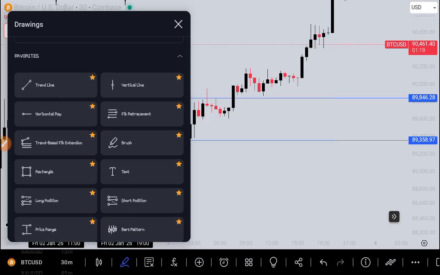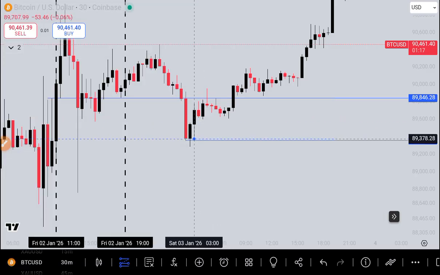Entry just below the open of that candle. I often put my entry somewhere around here, but you could put your entry anywhere. You could just go in on the third candle. Doesn't matter. What matters is your risk appetite.